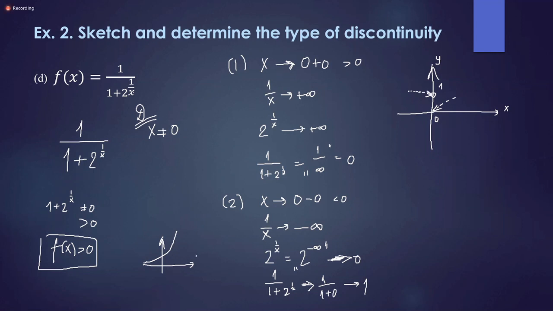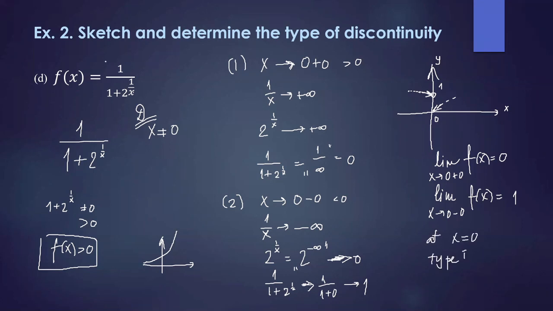So now I can write them down as limits. The limit when x tends to 0 from the right of this function is 0. And the one-sided limit when x tends to 0 from the left of the function is 1. So evidently at x is 0, we have a type 1, jump discontinuity.